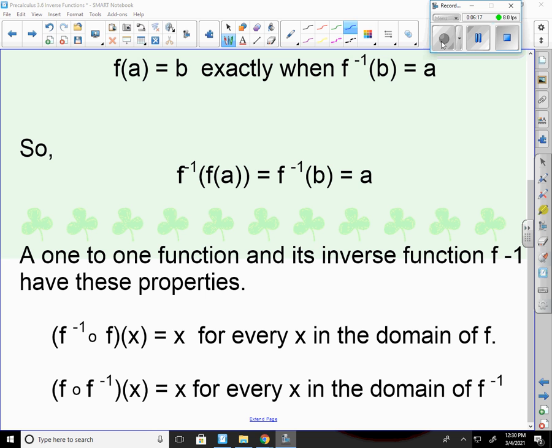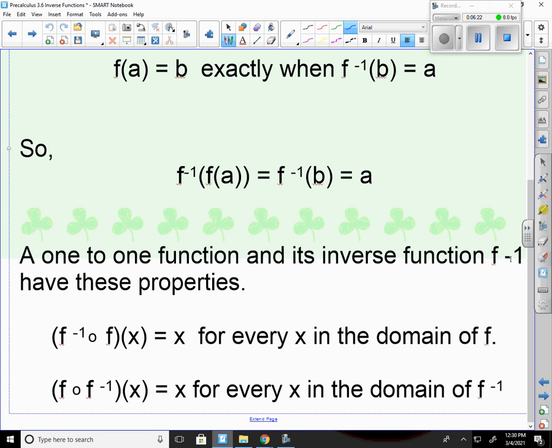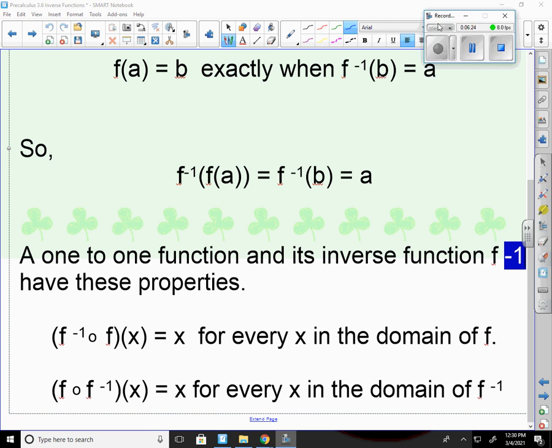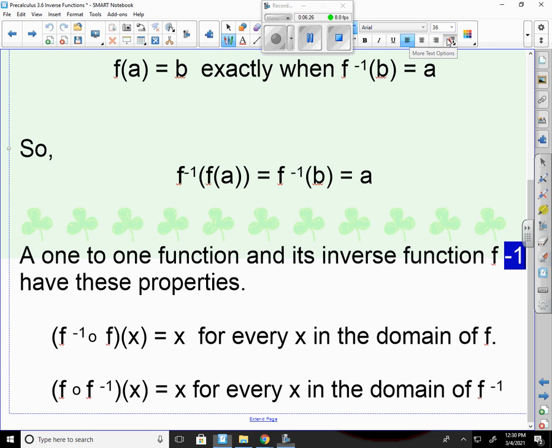A one-to-one function and its inverse function, f to the negative first, have these properties. If I take the inverse of the original function of x, it's equal to x for every x in the domain of f.